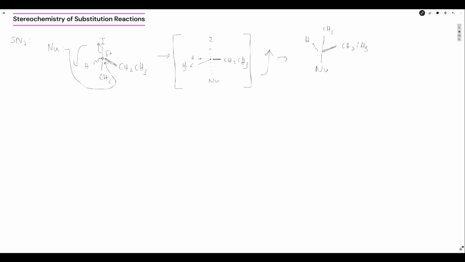And so we've inverted this center by doing the substitution, by substituting this iodide leaving group for a nucleophile. I'm not sure what the stereochemical designation is here. Let's say it's S. If this is S, then now this is R. The center is R.